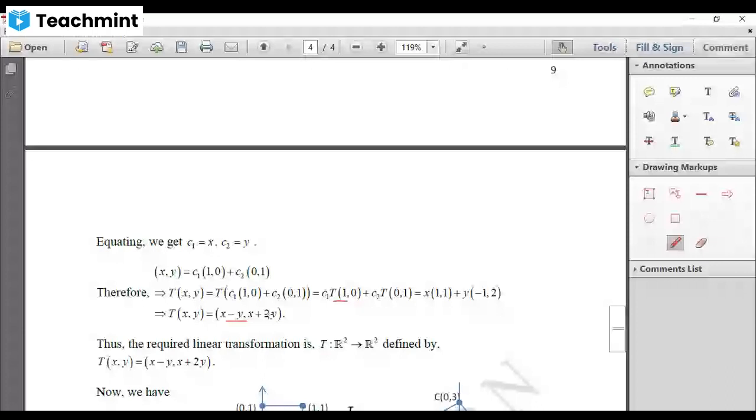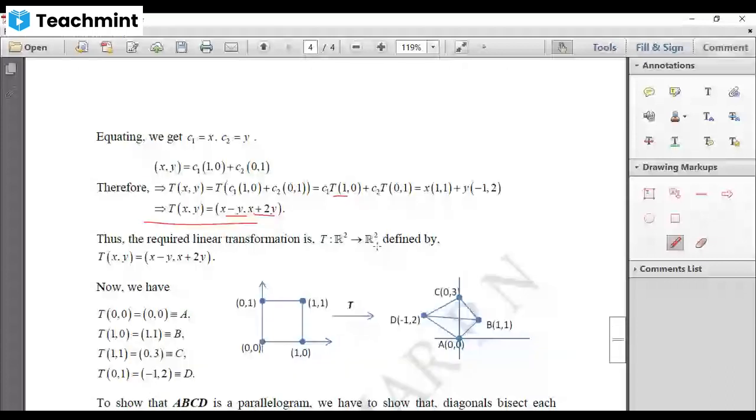Therefore, the linear transformation T from R squared to R squared is defined by this. Now we have to show that the square under the mapping T has been mapped into a parallelogram with these vertices.